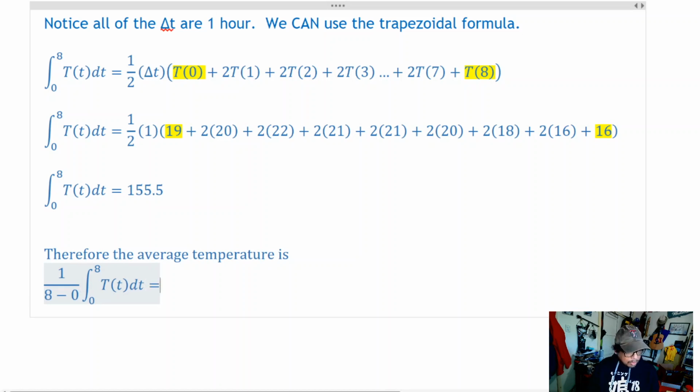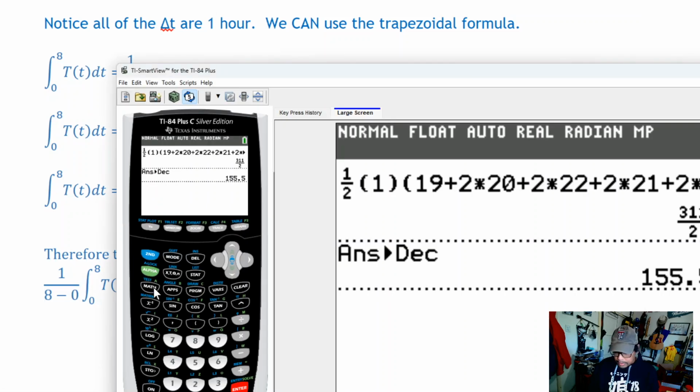And that's going to be equal to 155.5 divided by 8. Take that response, divide by 8, and it looks like 19.4375.